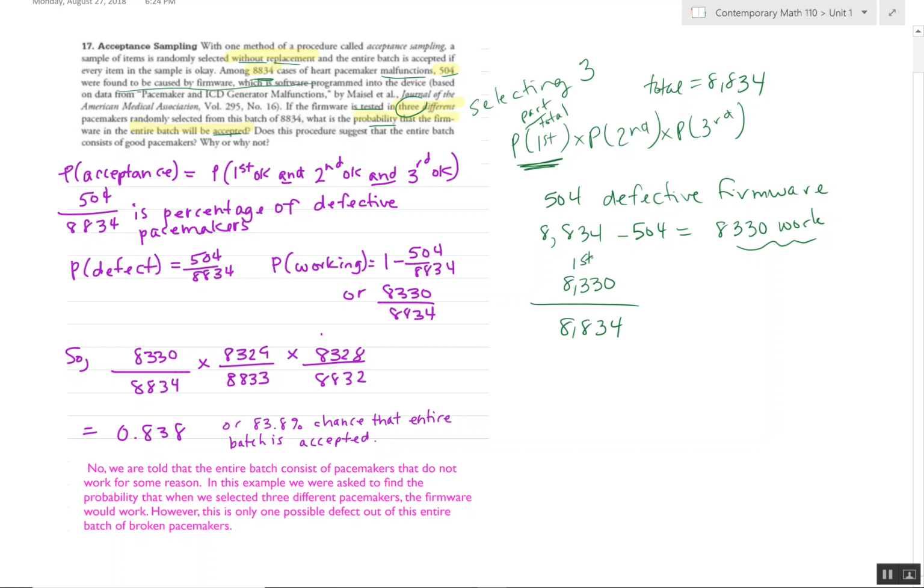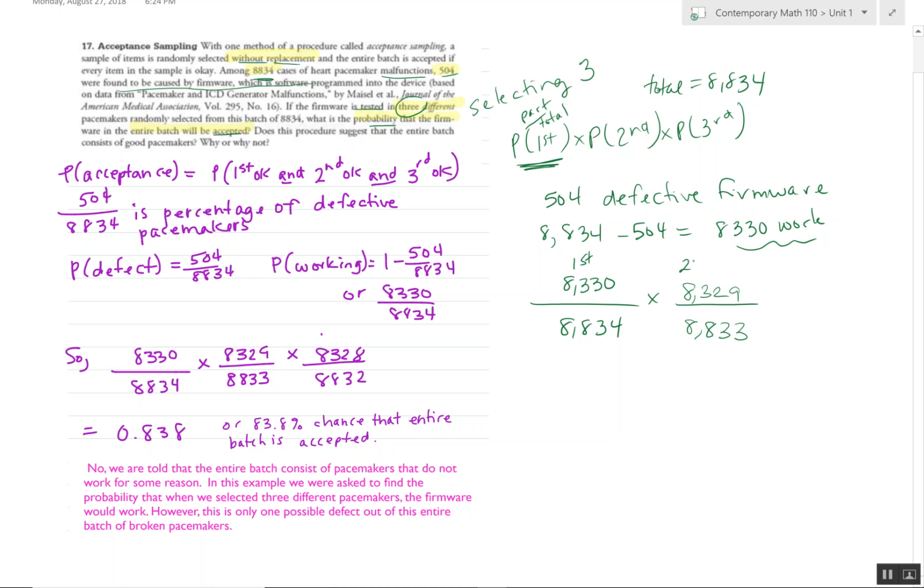Now I'm selecting that and not returning it. So the second probability has to take into account that your totals are changing. So instead of having 8,834 total, I now have 8,833. And then the number of working pacemakers also changes from 8,330 to 8,329.